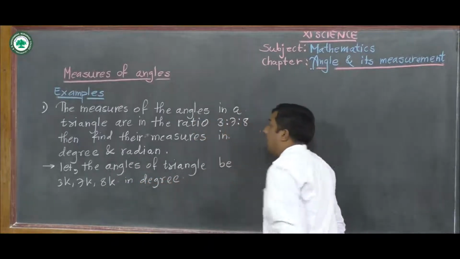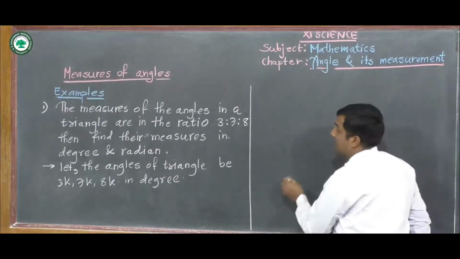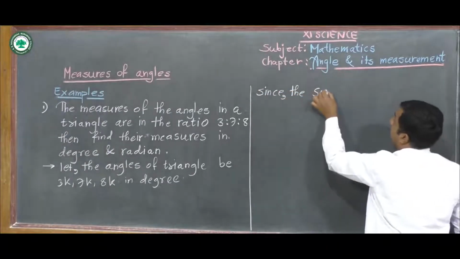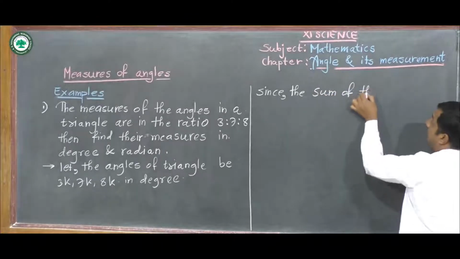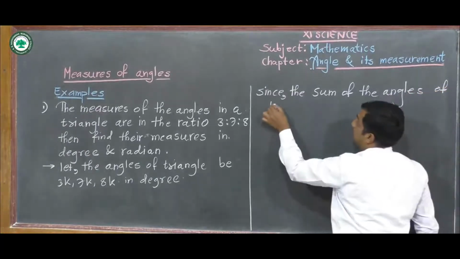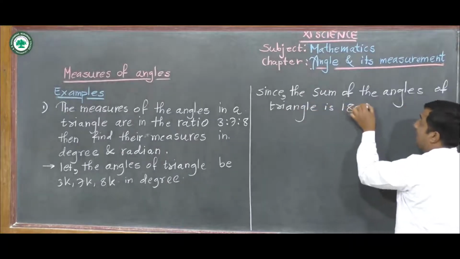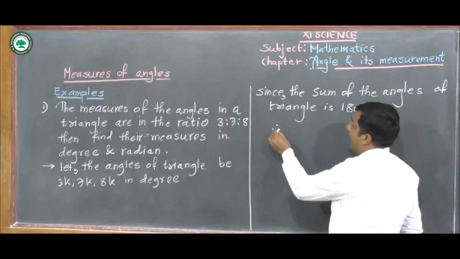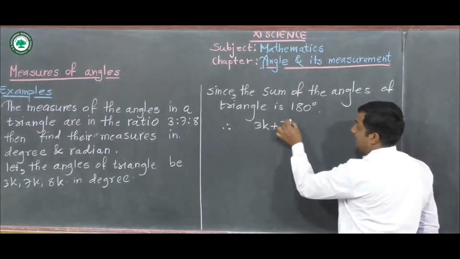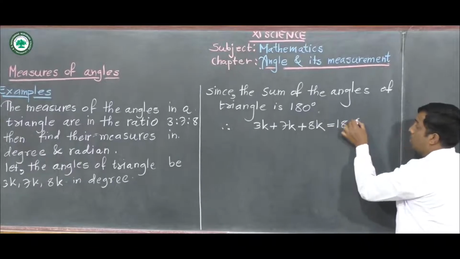We know the sum of the angles of a triangle is 180 degrees. So since the sum of the angles of the triangle is 180 degrees, we add these three angles: 3k plus 7k plus 8k is equal to 180.